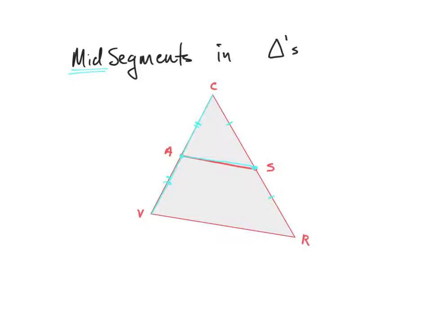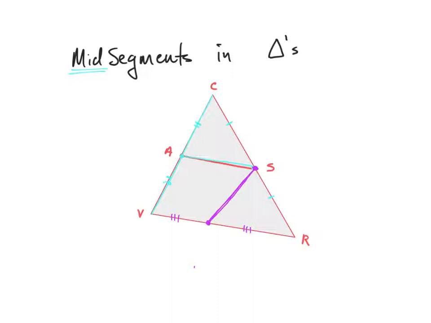Now, you can draw different mid-segments by connecting different sets of midpoints. That's not the best line there. Try that one again. Maybe right here. And still not the best, but you get the idea. Here is another mid-segment because it is connecting two midpoints of a triangle.